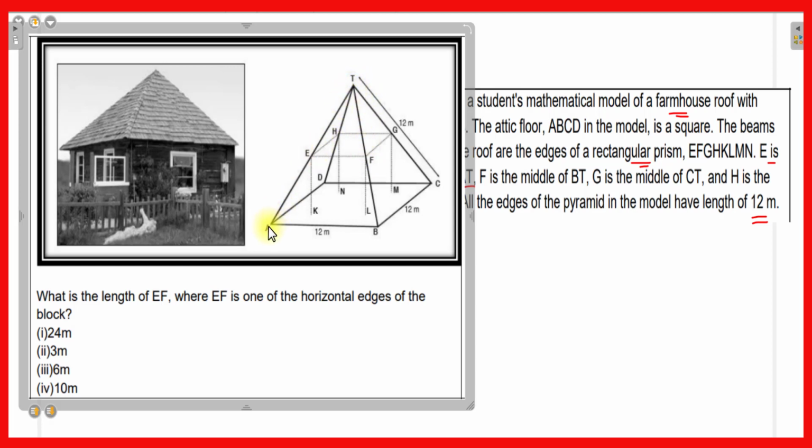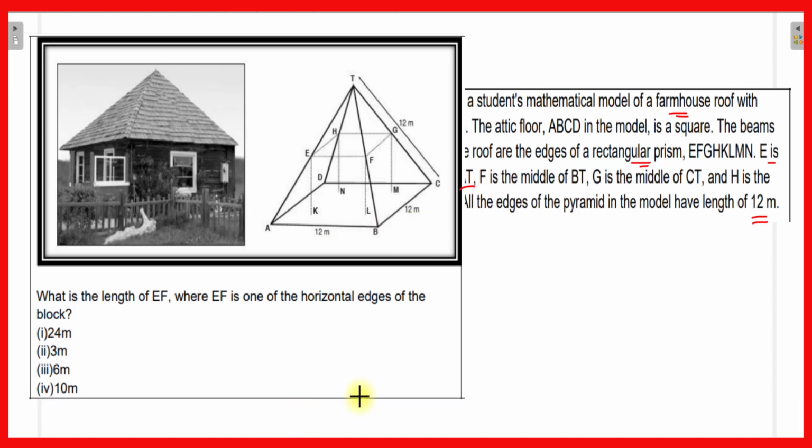Here, if you take this triangle TAB, I draw that triangle here. This is the triangle TAB, and EF is this EF.